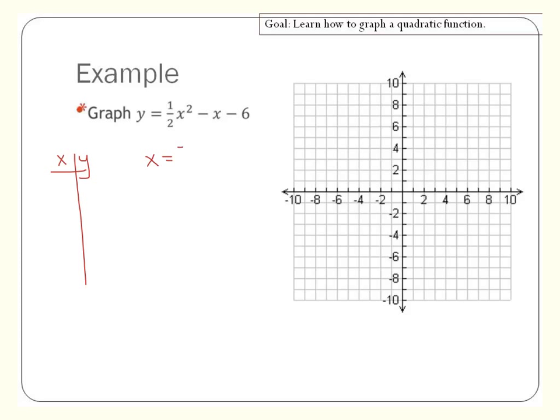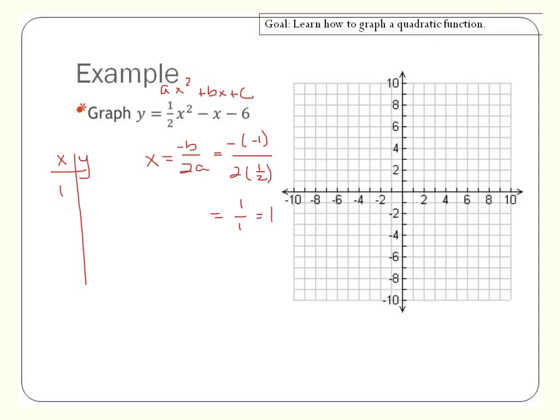So you really want to start with the x of your vertex. I'm going to start with my negative b over 2a. Notice this is in the form ax squared plus bx plus c. So negative b, well, b is a negative 1, my coefficient on my x, over 2 times a, which is a half. I get a positive 1 over 1, which is just 1.